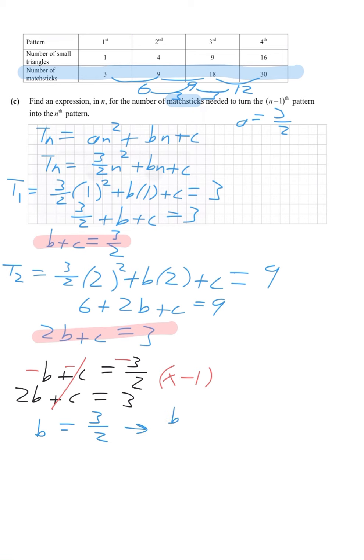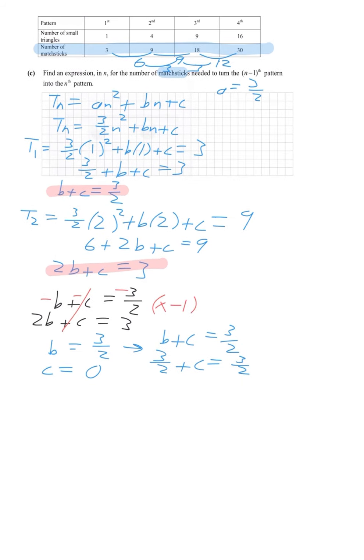So I'll put it into b plus c equals 3 over 2, and if you have 3 over 2 plus c equals 3 over 2, that means c has to be 0. So now we have our general term: Tn is equal to 3 over 2 n squared plus 3 over 2 n. Okay, so that's our nth term.